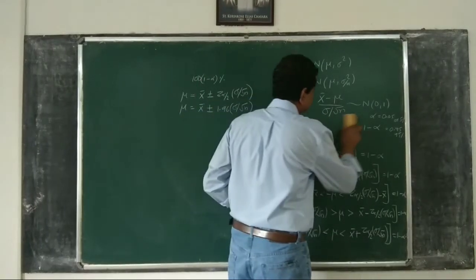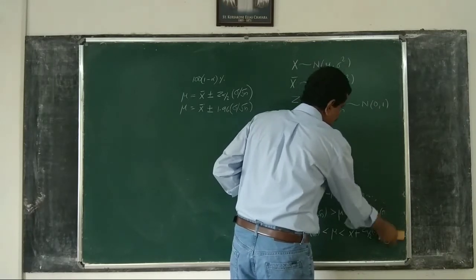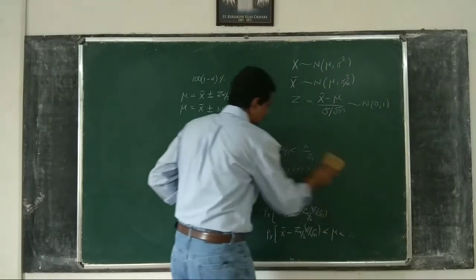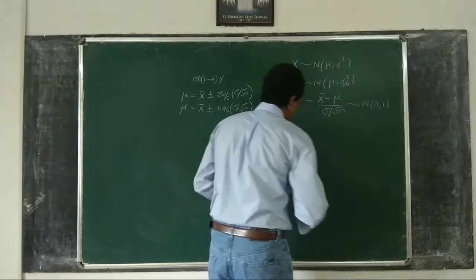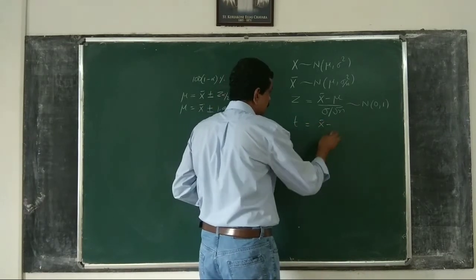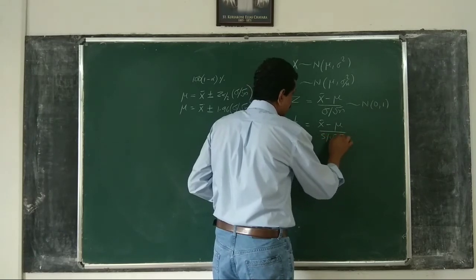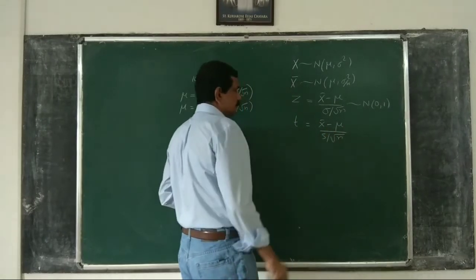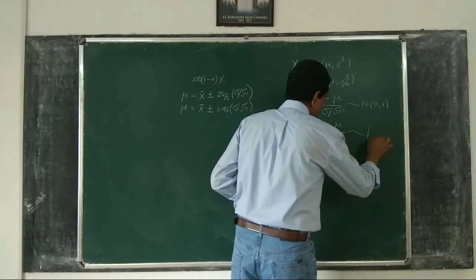Now, as we have discussed in a previous class, T is equal to x bar minus mu by S by root n. This quantity follows T distribution with n minus 1 degrees of freedom.